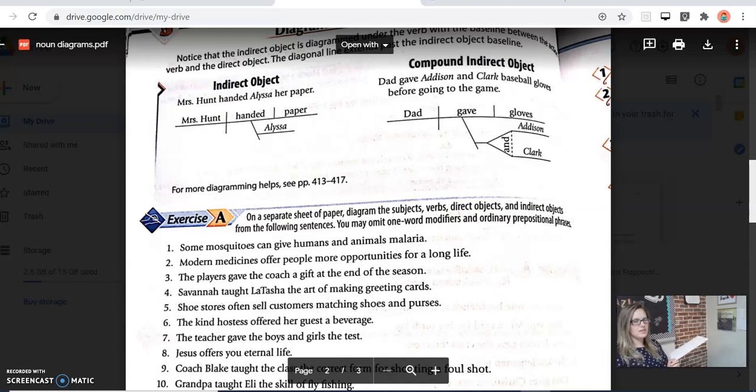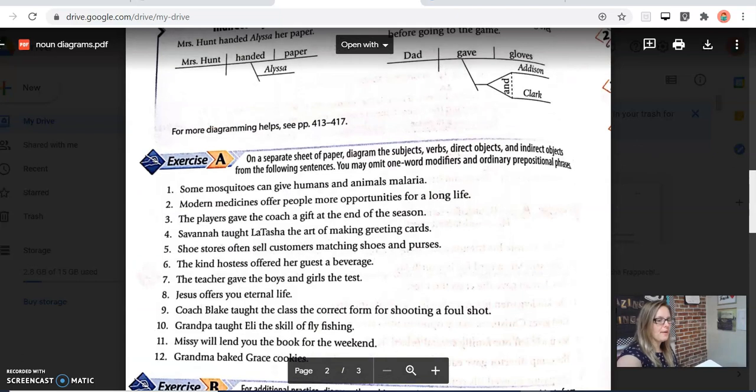So you have to identify what type of sentence this is, if it's compound subject, compound verb, compound direct object, compound indirect object, or some mix of all of those, and then you upload those. And for these, there are 12. I did 1, you're doing 1, then we'll do 10 and see how you do out of those 10. Okay?